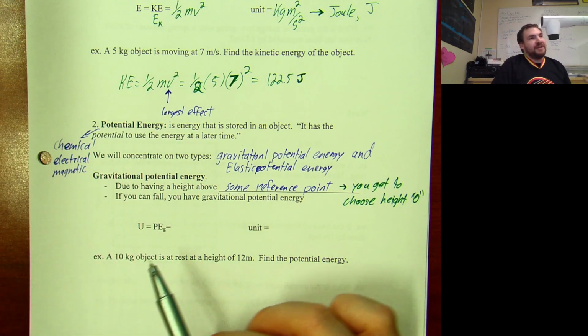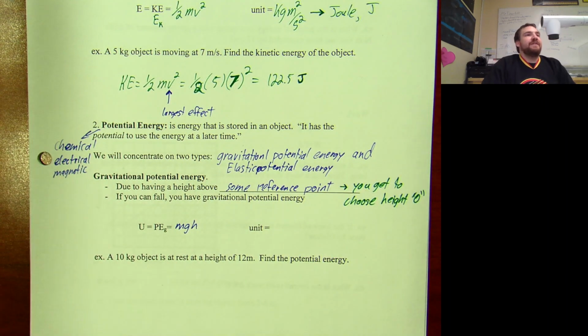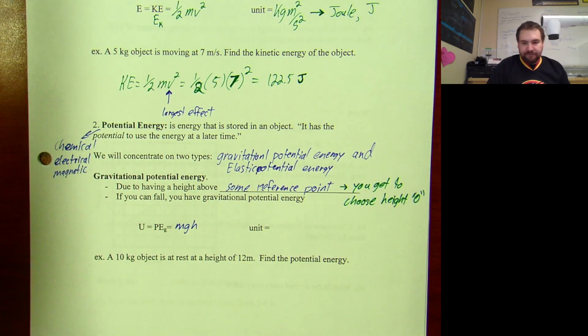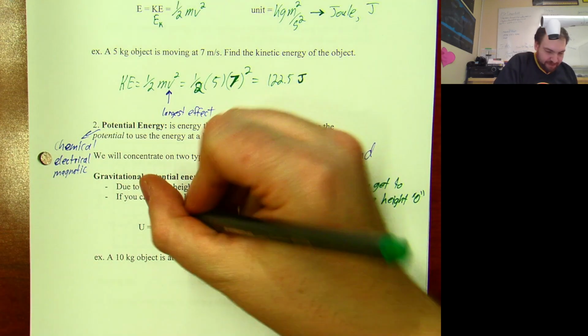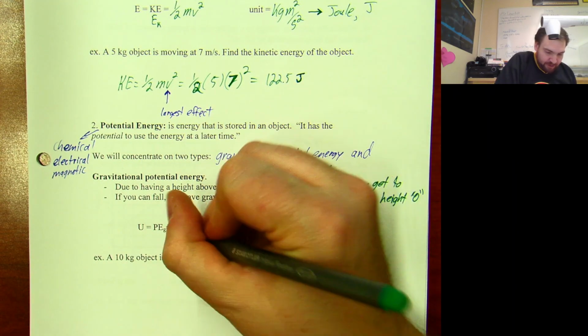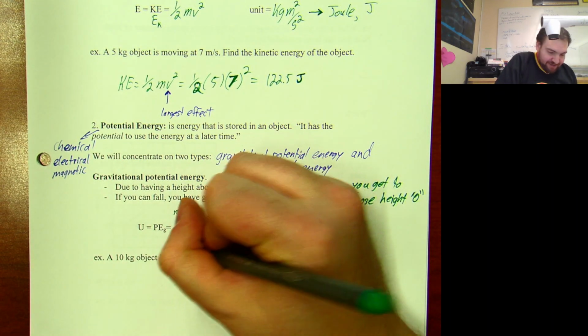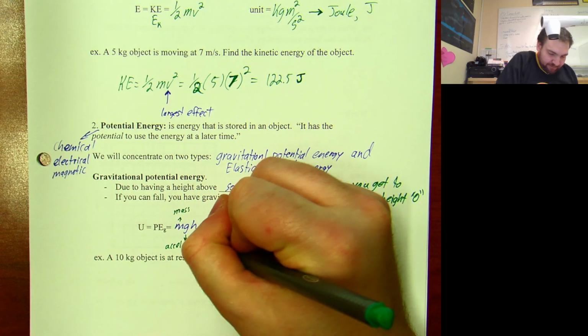So therefore, potential energy is given as mgh. Those three values multiplied together. Where m is mass, just in case any of us get confused, Connor. And little g is acceleration due to gravity.